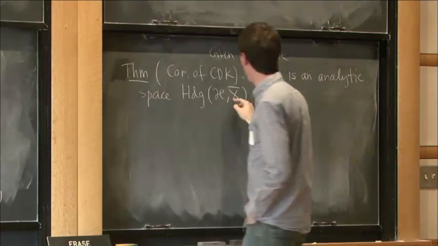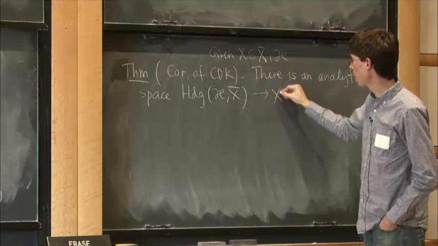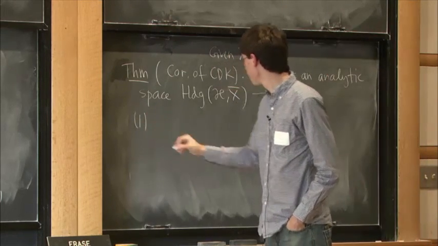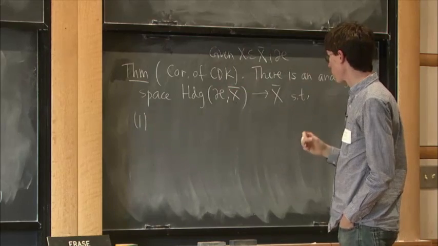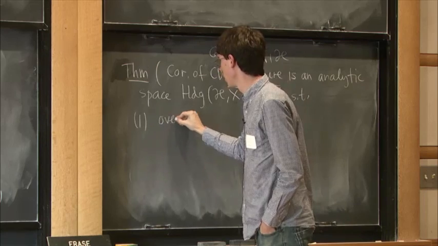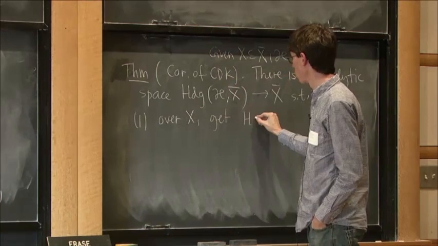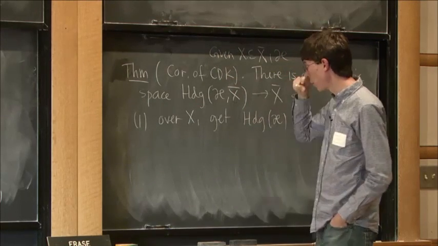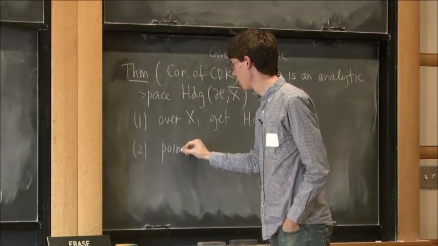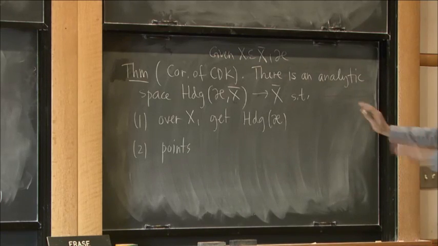So here you indicate the larger manifold with a holomorphic mapping to X bar, such that, first, over X, it's just the usual locus of Hodge classes. So we're only adding points over the boundary. And then secondly, the points, I will get to that in a moment.